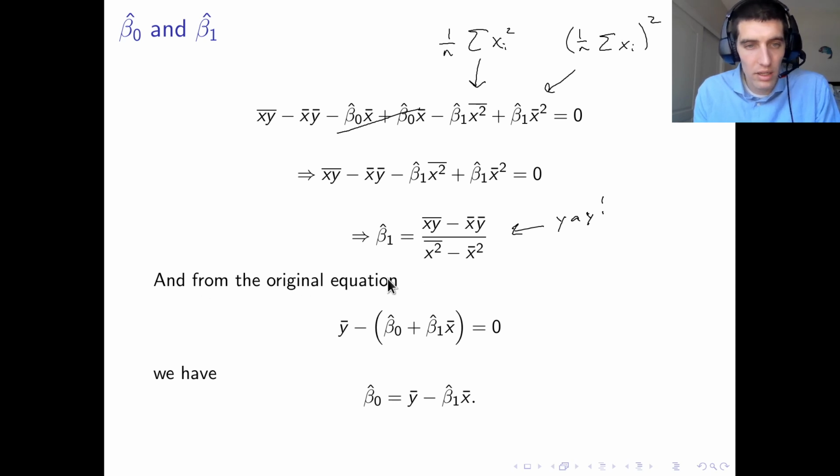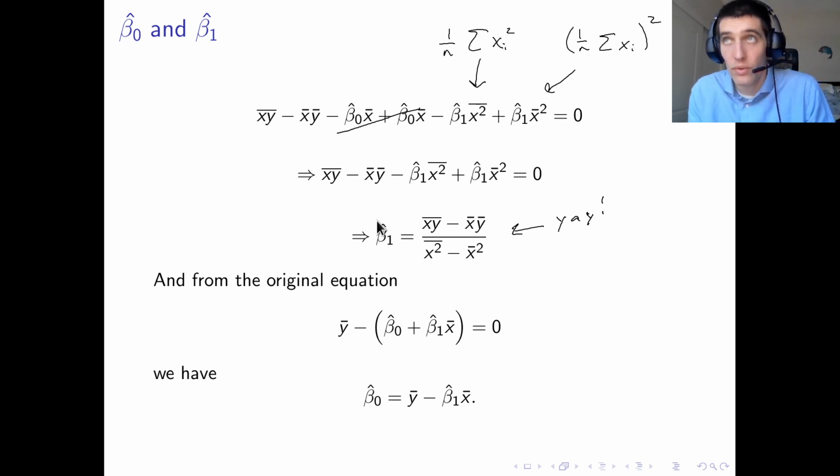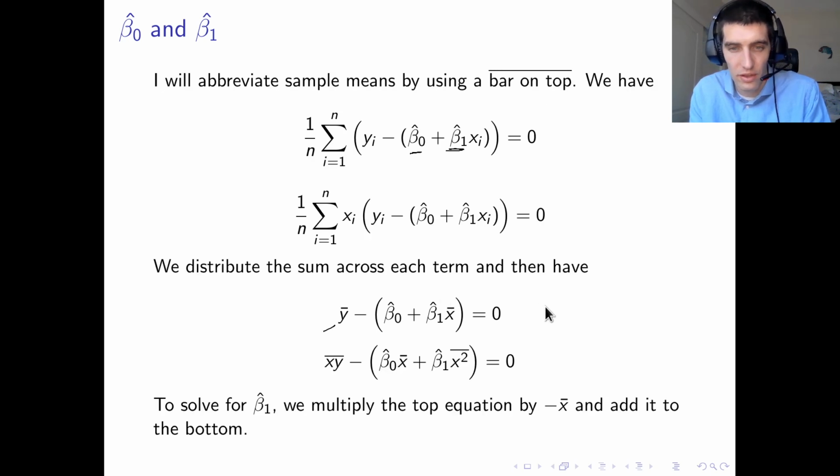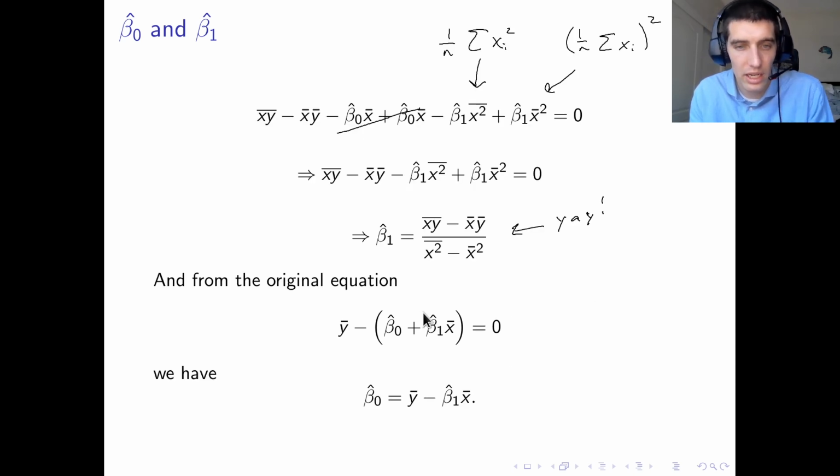Okay. So let's go back. If this is our beta 1 hat term, we can go back to this equation, which is one of our normal equations, and we can plug in our estimate for beta hat 1, which we know, and use that to solve for beta hat 0.